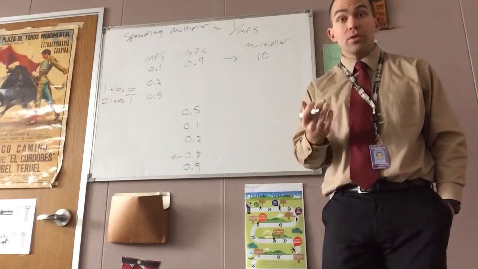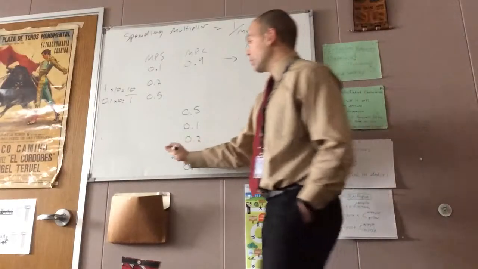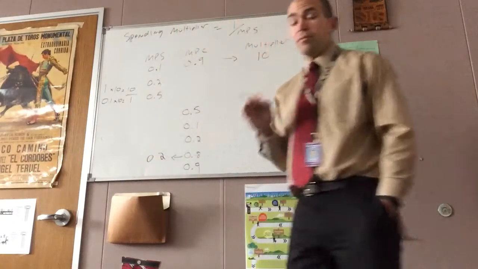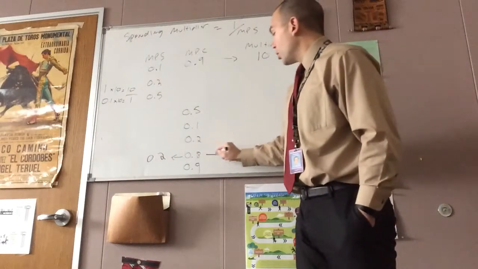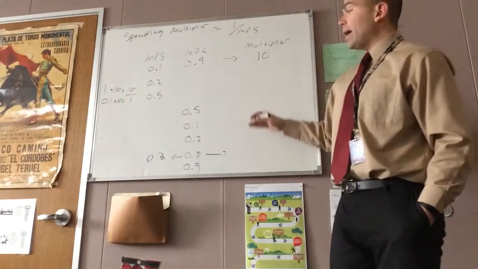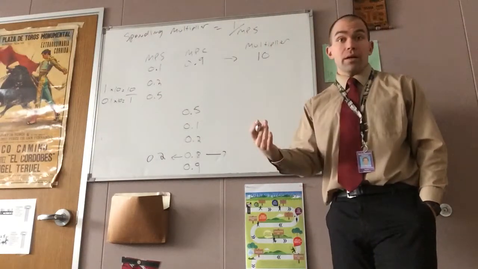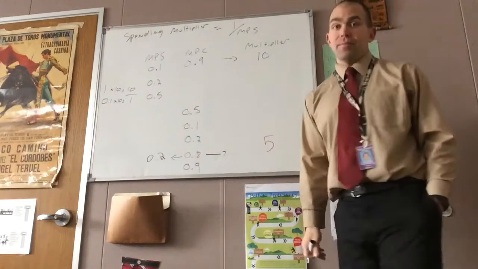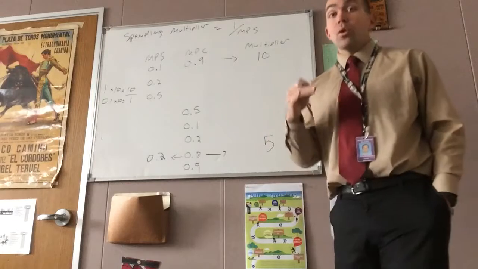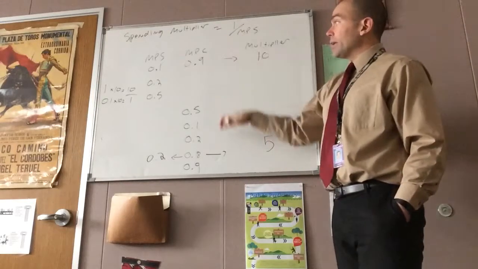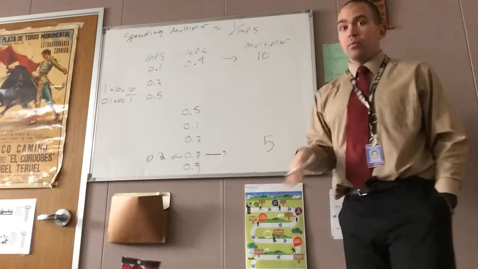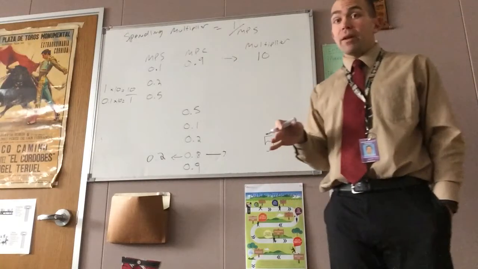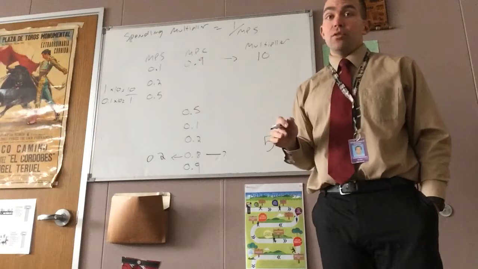It should be 0.2, right? Because that would make 1. So marginal propensity to save, 0.2, which would mean, if you do the math, our spending multiplier is 5, okay? So if you get that, you should be able to get the multiplier, which explains the ripple effect, for all of these. So I'm going to step out of the way and see if you can do that, okay?